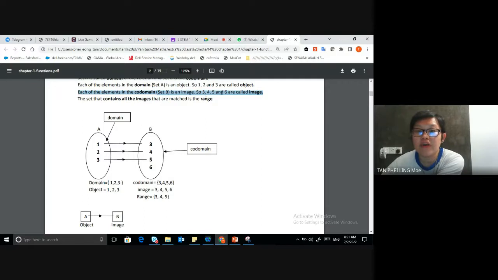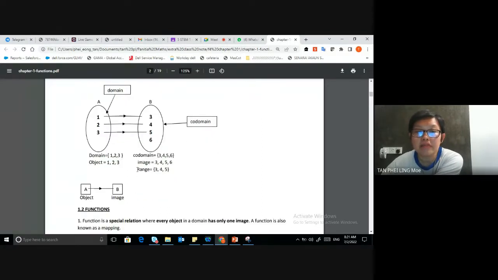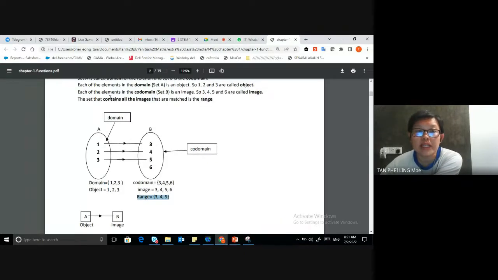So 3, 4, 5, and 6 are all called images. But when you come to the keyword range, we said that only those that contain the image. The set that contains all the images that are matched is the range. So here in this case, 6 is not matched, so it is not in the range, right?